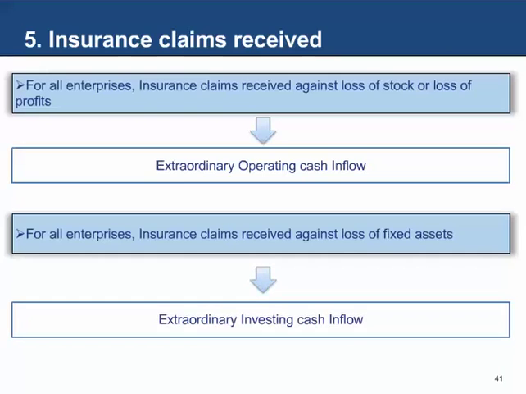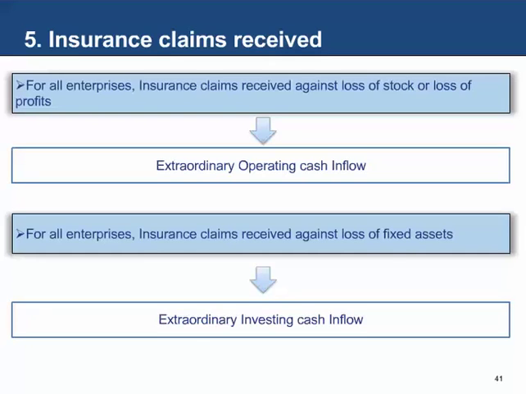Friends, if you see, if the insurance claim was received due to loss of stock, because stock or inventory is classified as operating cash flows, the related insurance claim would also be classified in the same manner.